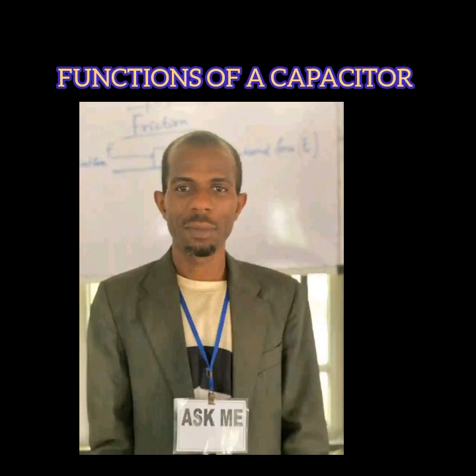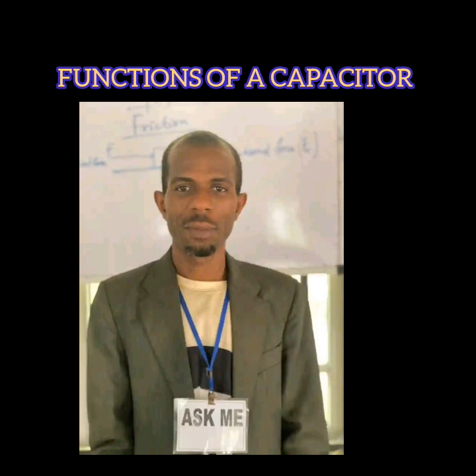What are the factors that will affect the capacitance in an electric field? Number one is the area of the plates. Area is directly proportional to the capacitance. Number two is the distance between the plates. The distance is inversely proportional to the capacitance.